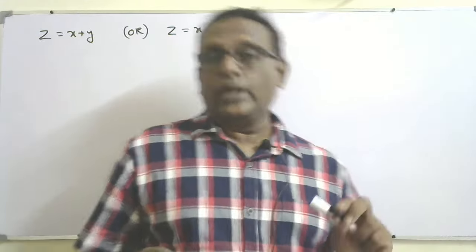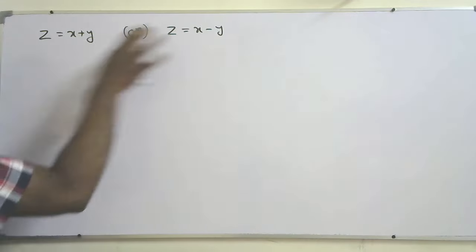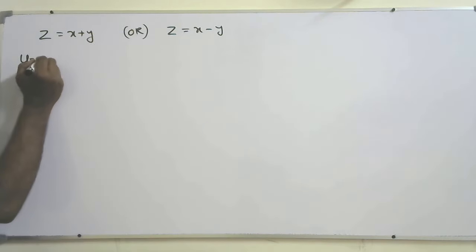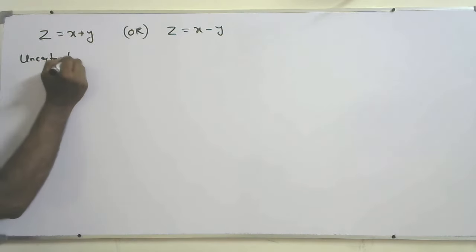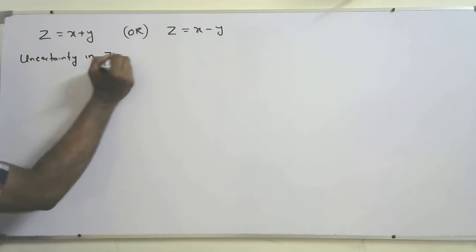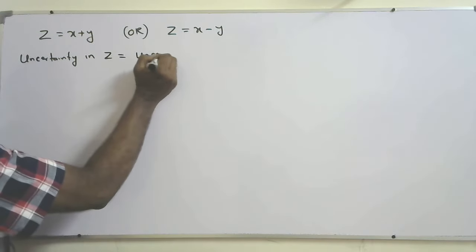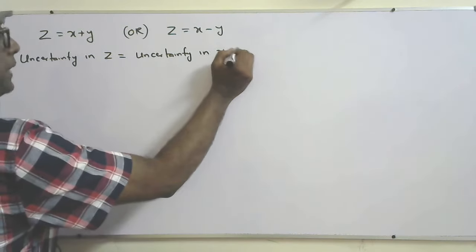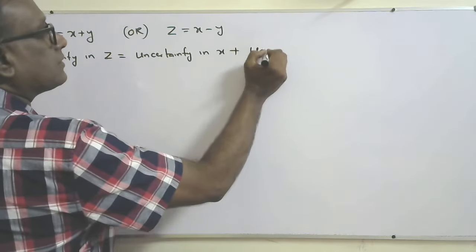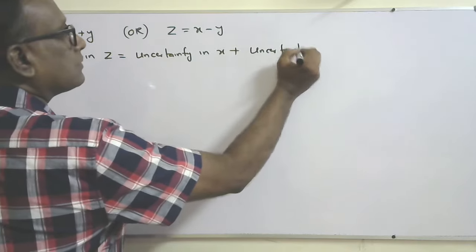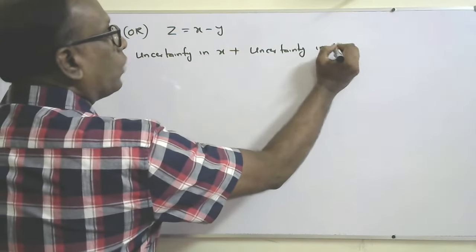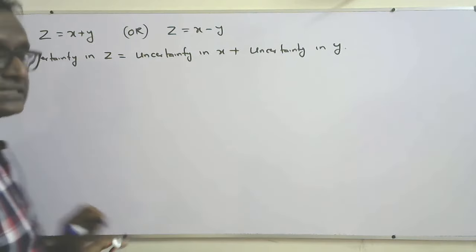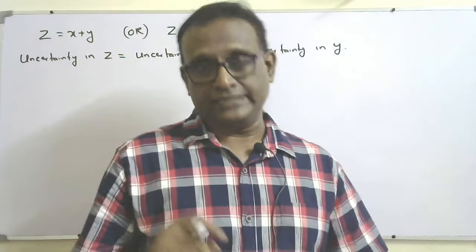Remember that whether the measurements are added or subtracted, uncertainty in z is equal to uncertainty in x plus uncertainty in y. Whether they are subtracted or added, whatever it is, uncertainties will be added.